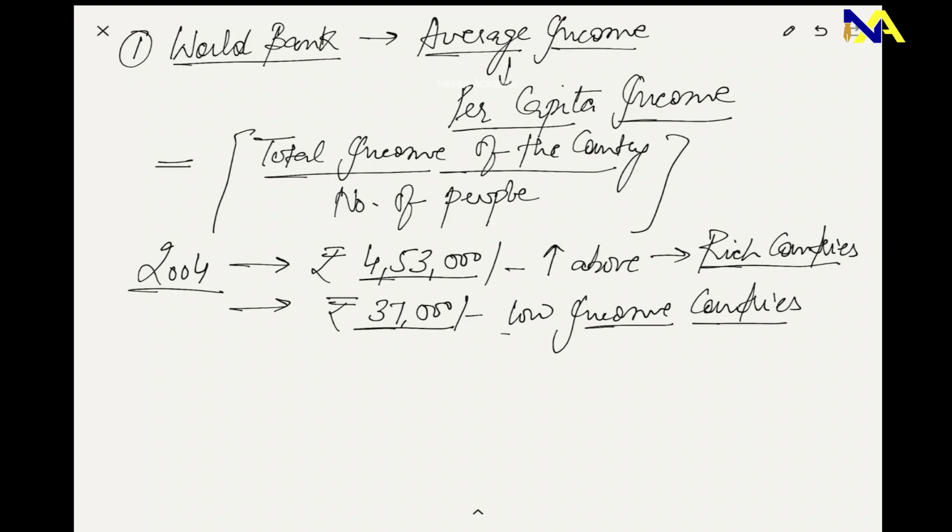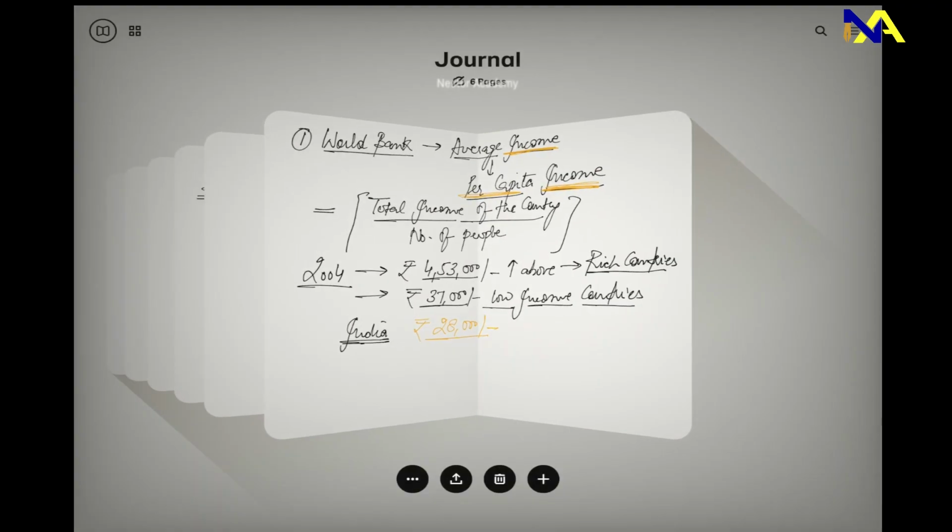I hope you understand this. And as for India, we need to understand where India stands. It stands at the mark of rupees 28,000 per capita income. It is what every person on an average is earning in a year. Understand? So this is how World Bank measures development, only on the basis of income, or as you can say, per capita income.